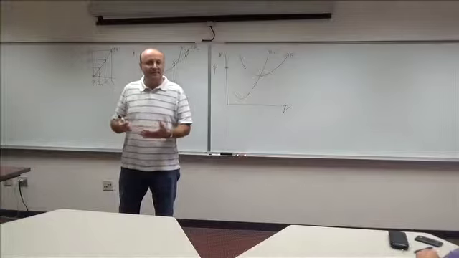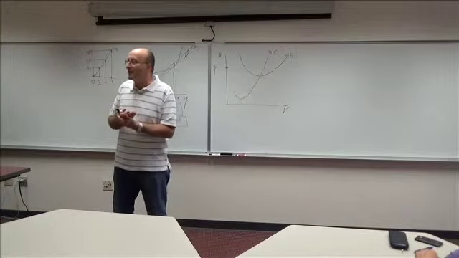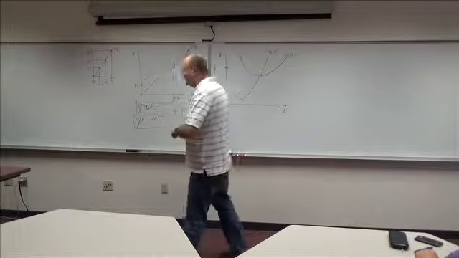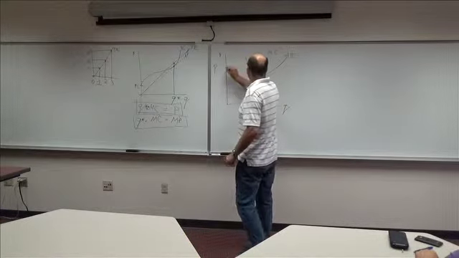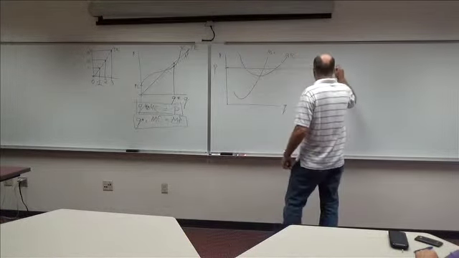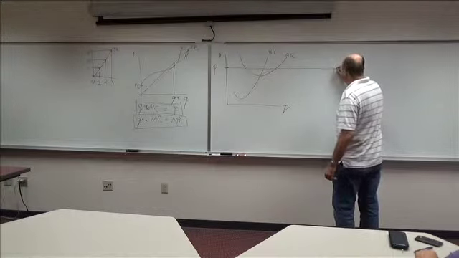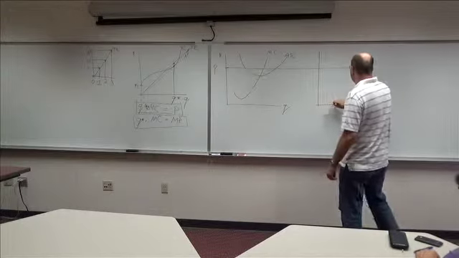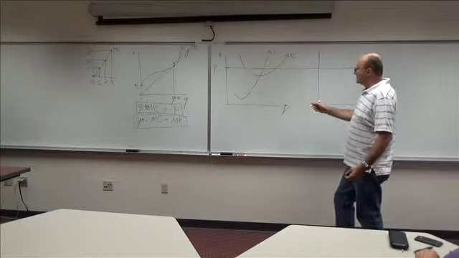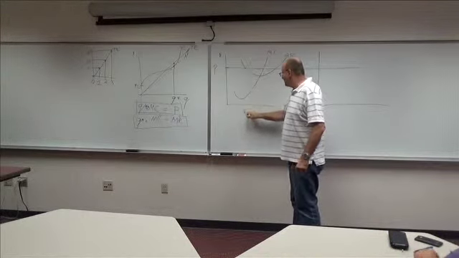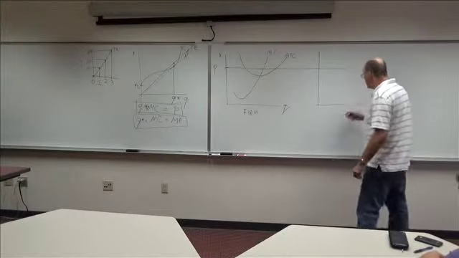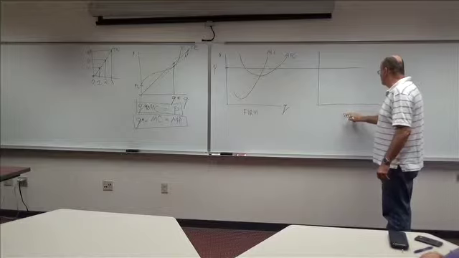In other words, that price is given to you by the market, right? It's in equilibrium, absolutely. In other words, you as a firm get information about the price from the market. So if this is your firm, this is a picture of your firm, and this here is a picture of a market.